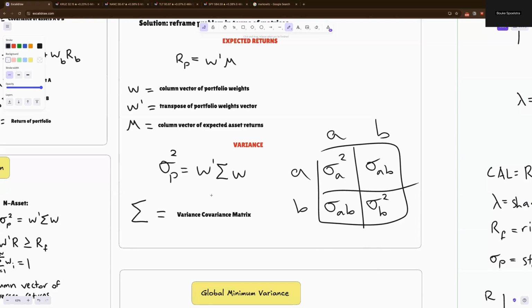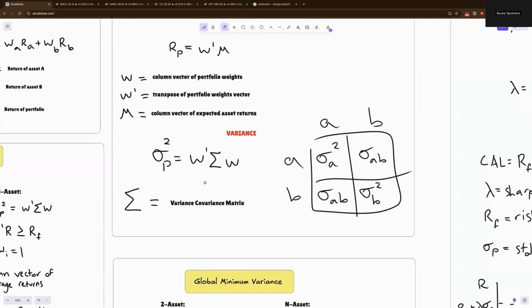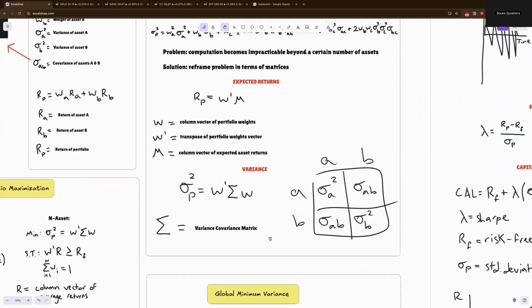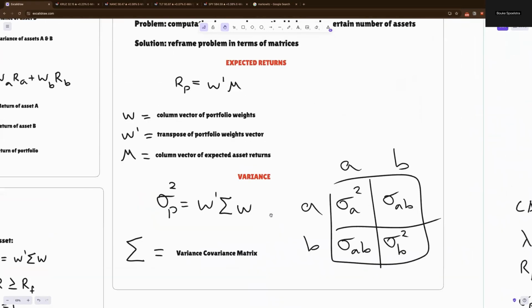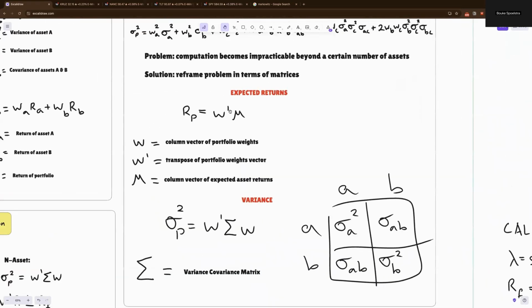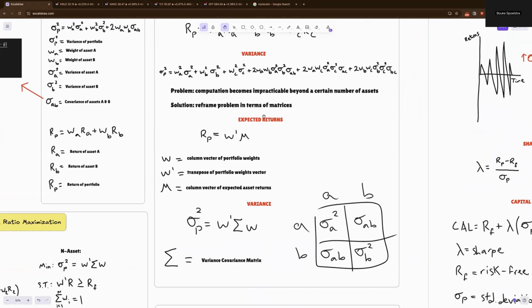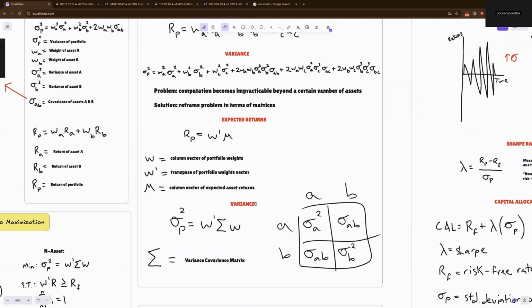So essentially, you're multiplying the transpose of the weights by this variance covariance matrix. As we can see, this is significantly simpler than trying to actually multiply it out and solve it that way.